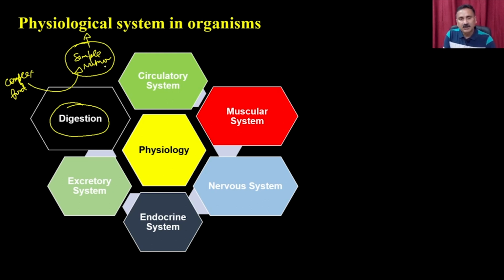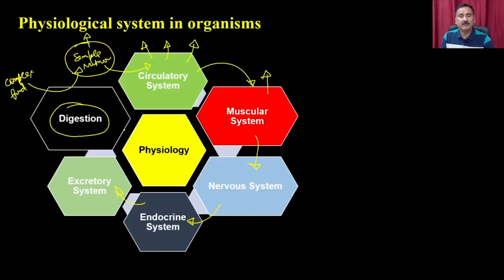This simple nutrition is taken up by the circulatory system, which distributes it to the different parts of the body. That nutrition is also required for the musculatory system to perform locomotion, and for the nervous system, endocrine system and excretory system.